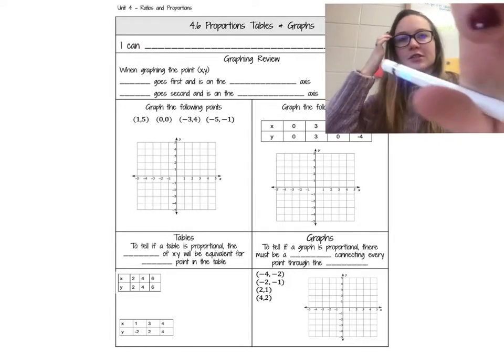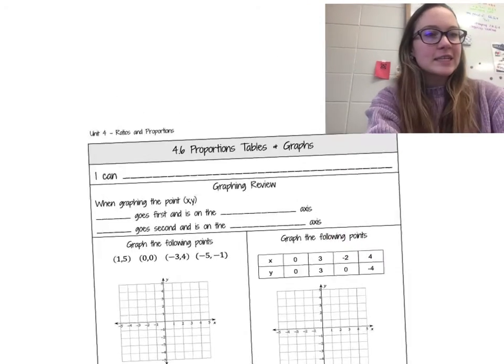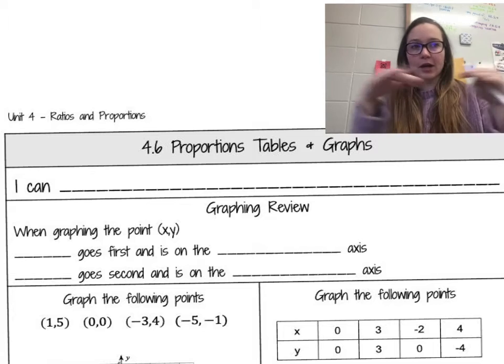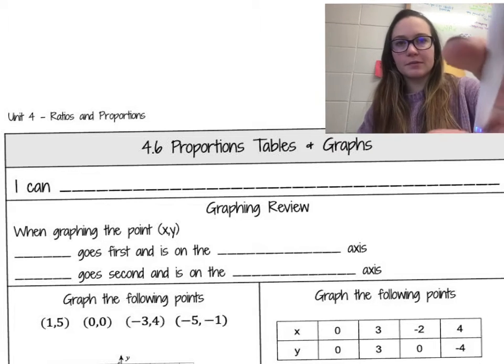Okay, so first, we're going to start with our I can statement, and then we're going to recap how to graph on a plane, like an X and a Y, not just a number line.